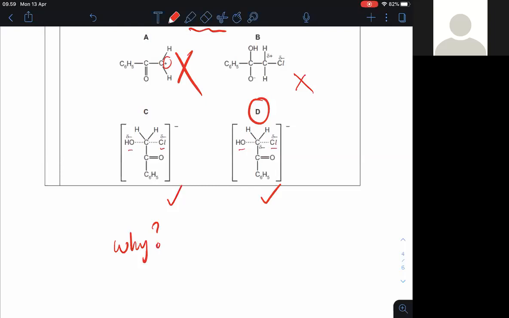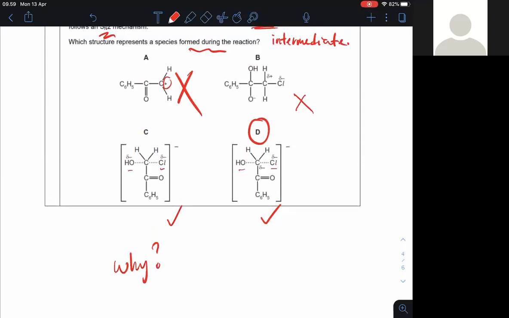Because when we do the intermediate, this one is correct. It's the Cl. Do remember, the intermediate is preparing itself to break the bond with the Cl. The Cl has to go off, and then the OH is supposed to form the bond. What happens over here is, do remember, the OH carries a negative charge, the electrons.